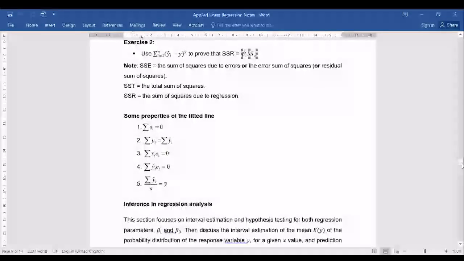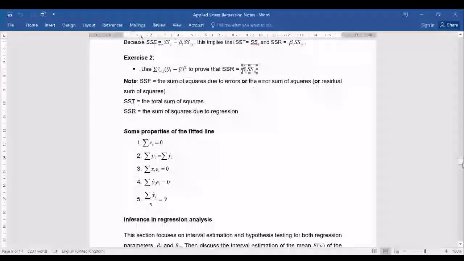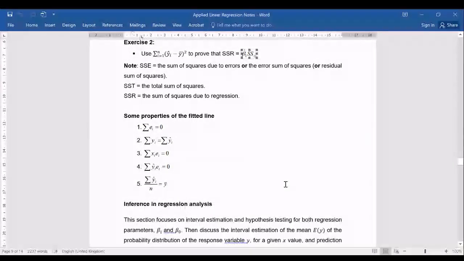So let me go back to the notes. We are also going to prove these 5 properties here. So we are not going to do that today.